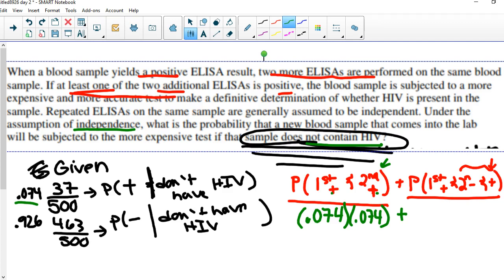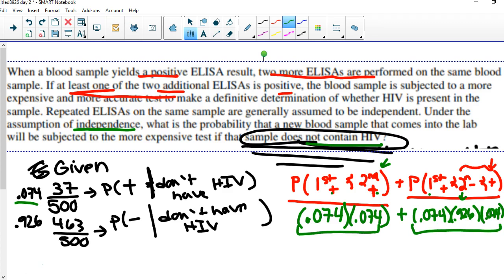Okay, now the probability that the first one is positive is 0.074. The second one is negative. That's going to be 0.926. The third one is positive, 0.074. I'm going to multiply 0.074 times 0.074 plus, and then I'm going to add these two products together.